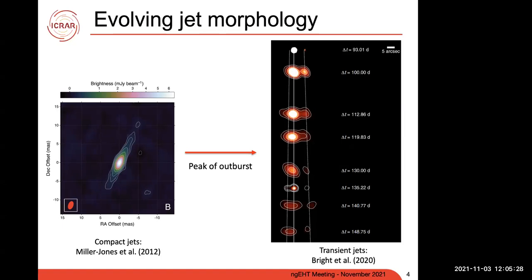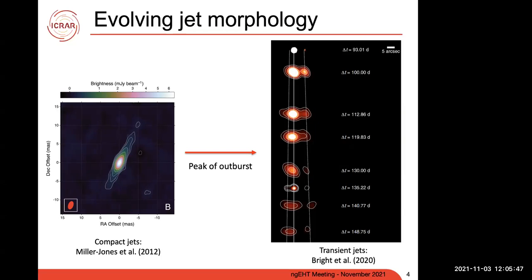So when we're looking at these X-ray binary jets, we tend to study them mainly over their outburst period. They spend most of their time typically in a very low luminosity quiescent state. And then during an outburst, they will get bright for a period of a few weeks to months and then fade away again.